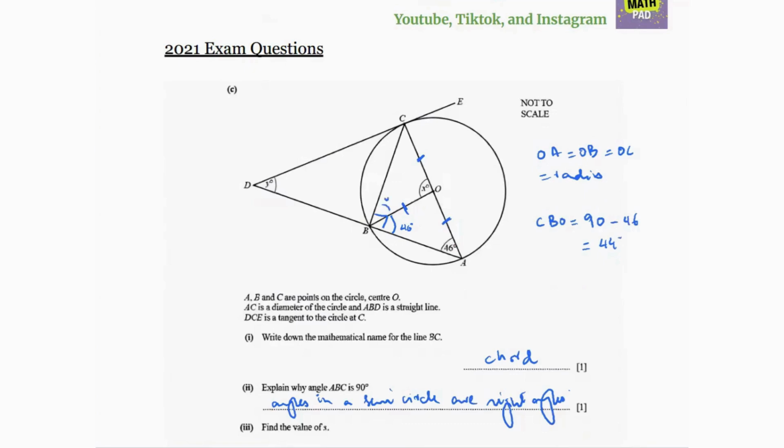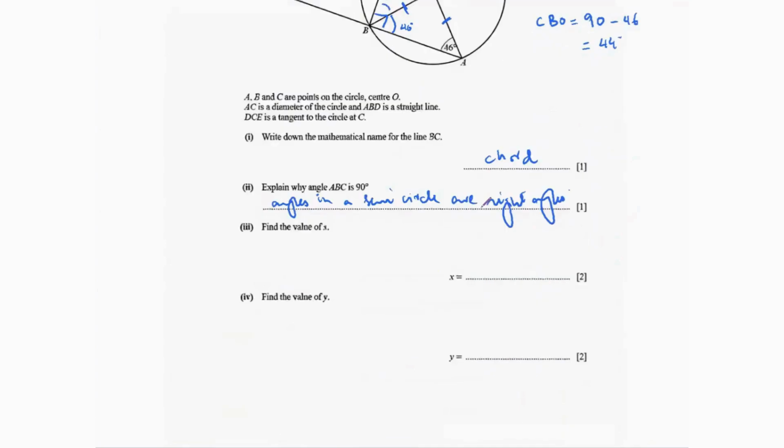So if this is 44, this is also going to be 44. So x is going to be 180 minus twice of 44. That gives us 92 degrees. That's your answer.